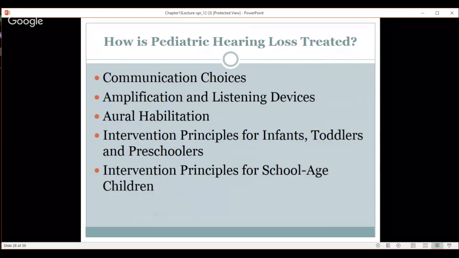And looking at how pediatric hearing loss is treated once it's diagnosed, we'll be looking at different communication choices, amplification and listening devices, oral habilitation, intervention principles for infants, toddlers, and preschoolers, and intervention principles for school-age children.